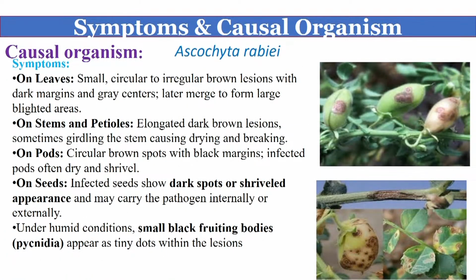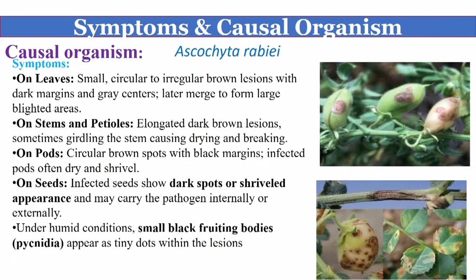Dear learners, the causal agent is the fungal pathogen Ascochyta rabiei, and the symptoms you can see on the screen. It is clearly visible how the chickpea pods get affected by this pathogen, and the leaves as well as the stem are affected.